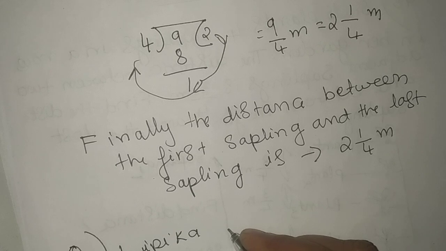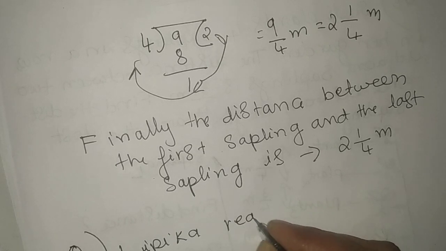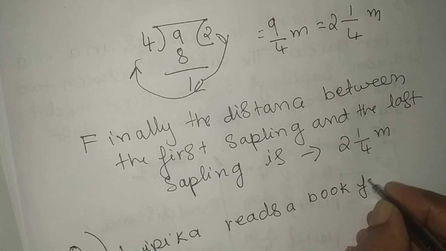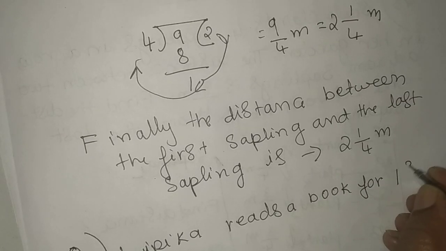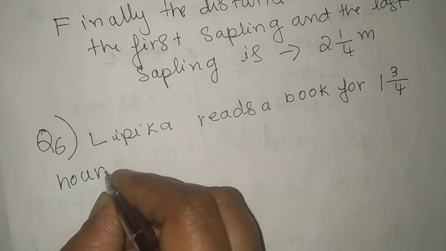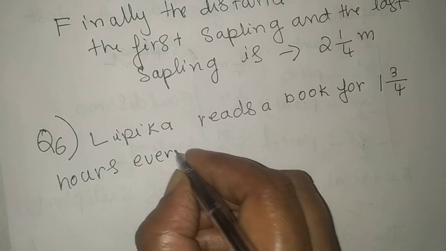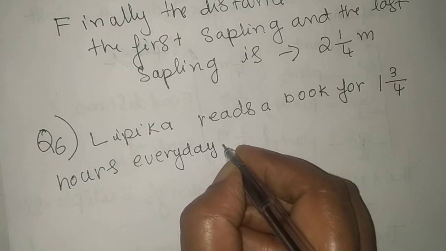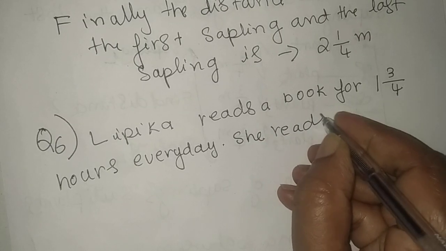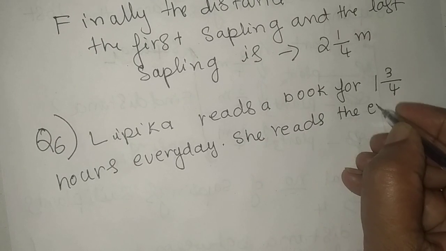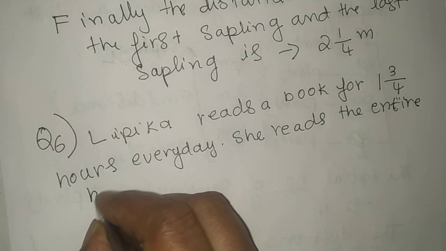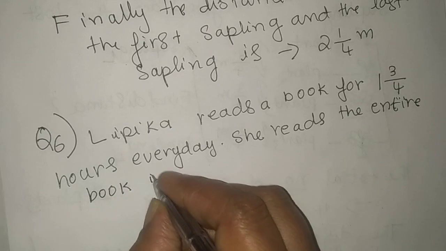Fathima reads a book for 3 by 4 hours every day. She reads the entire book in 6 days.